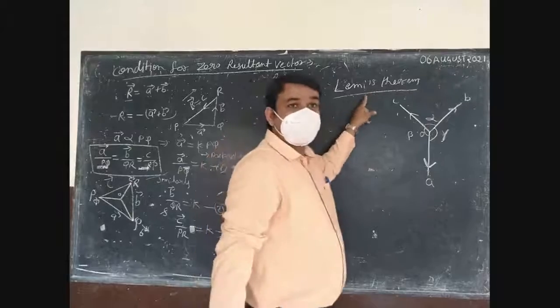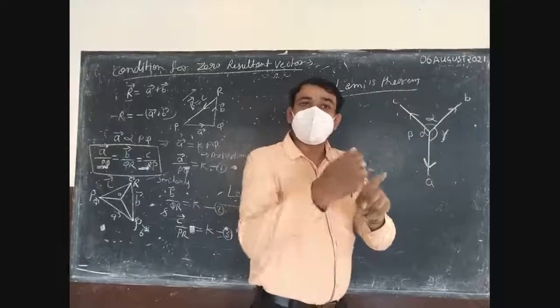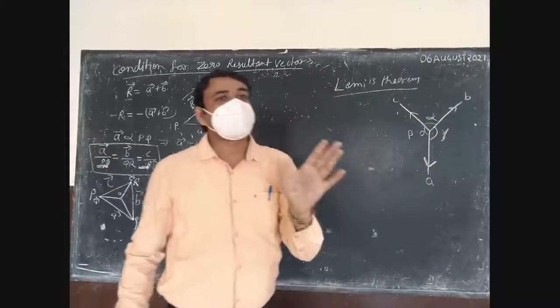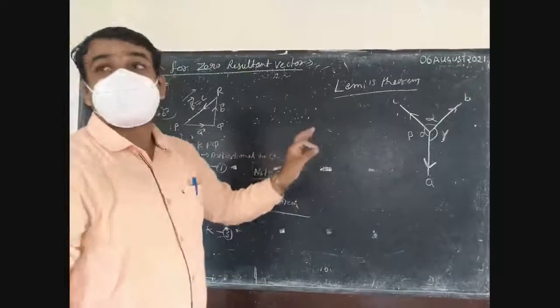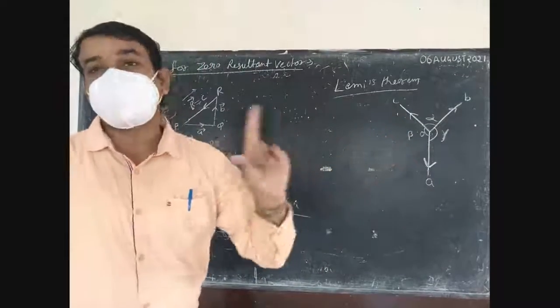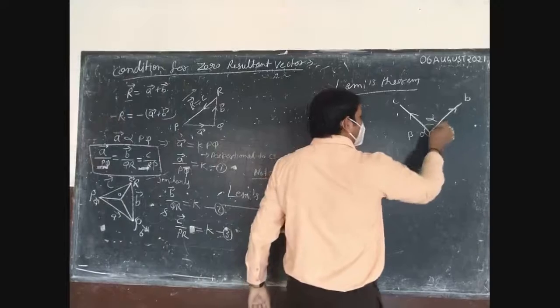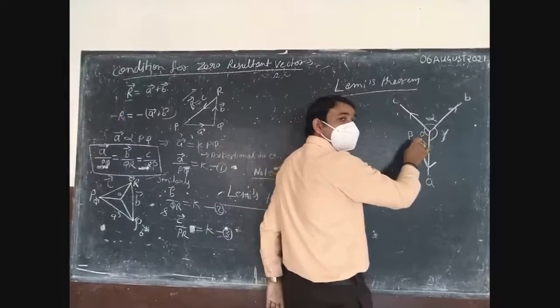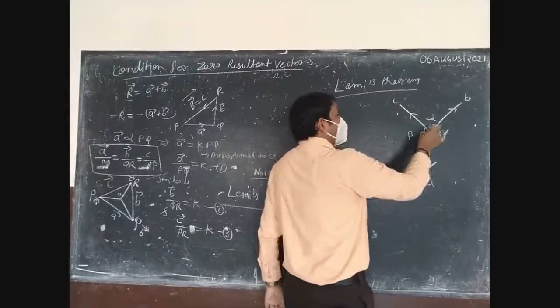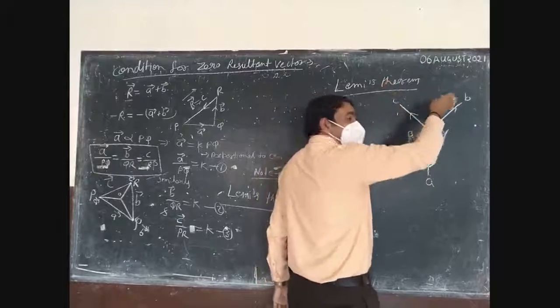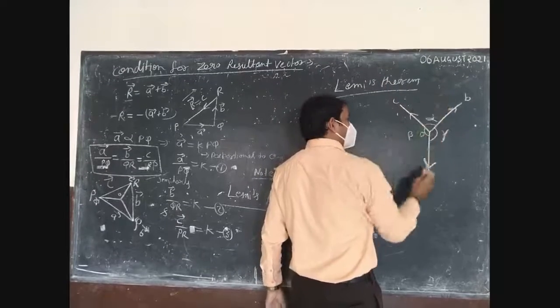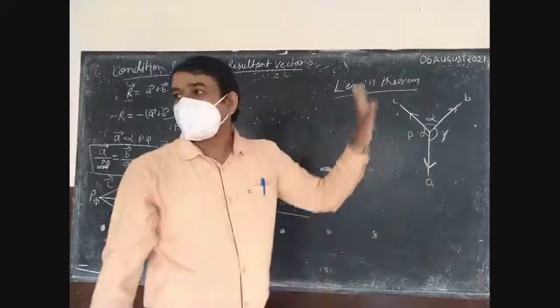According to Lami's theorem, for three forces or vectors acting on a single point, all the three vectors acting at this point O, either like that or down, and this one is in the vertical direction.